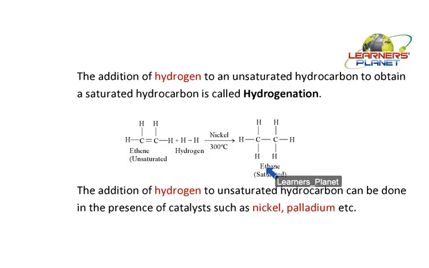The addition of hydrogen to an unsaturated hydrocarbon can be done in the presence of catalysts such as nickel or palladium or platinum. So any of these can be taken to add hydrogen to an unsaturated hydrocarbon.